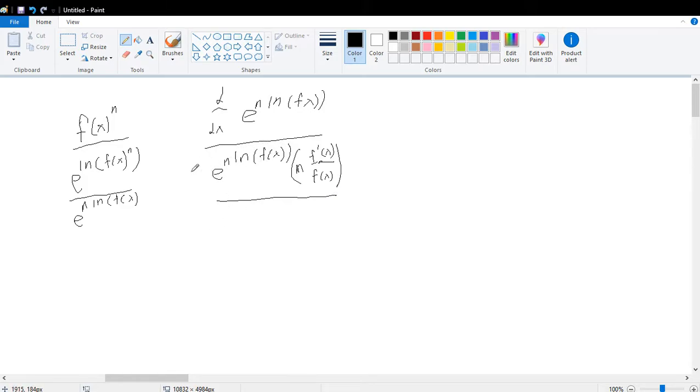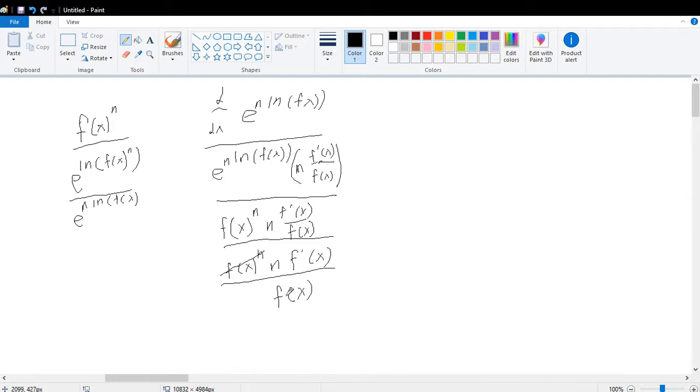e to the ln of all that turns back into f of x to the n, and it's being multiplied by n times f prime of x over f of x. Another way of writing this is f of x to the n times f prime of x all over f of x.